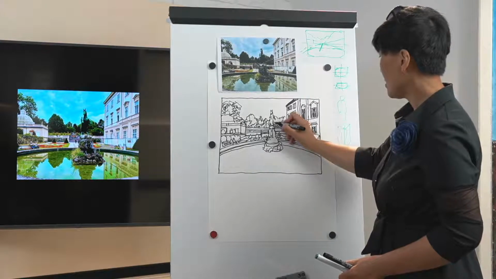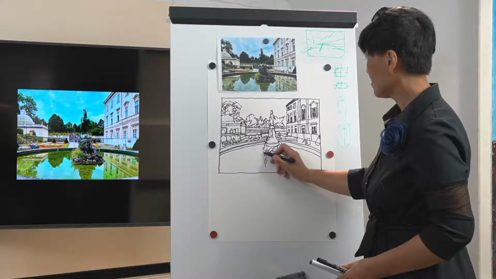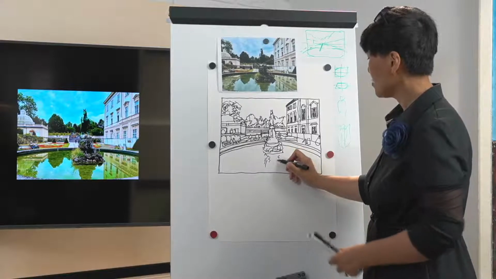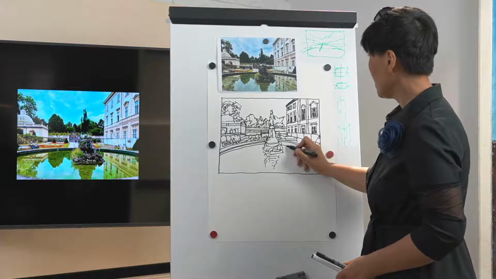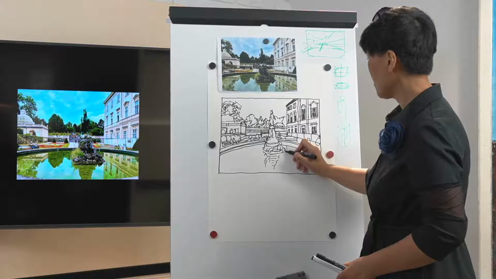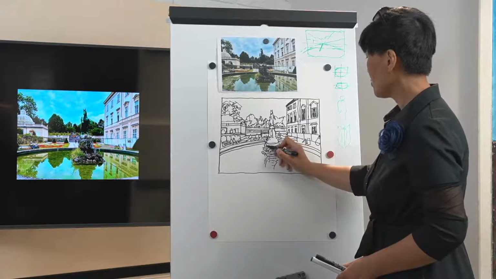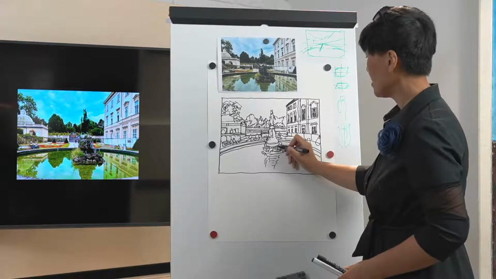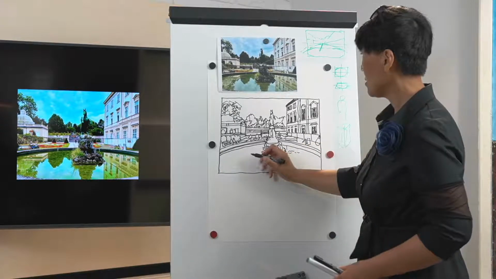And we are adding some reflections from the ponds, from the fountain. This is as you want, because if you love this reflection from water, you can do a lot. But if you don't have time, just let it be. Or put some lines on this to show water.